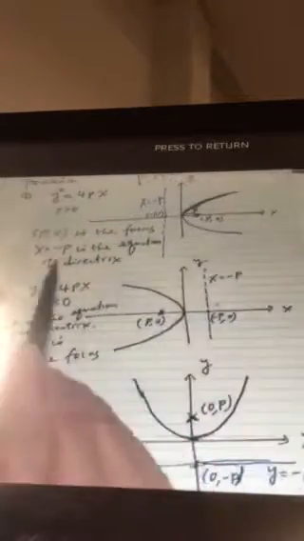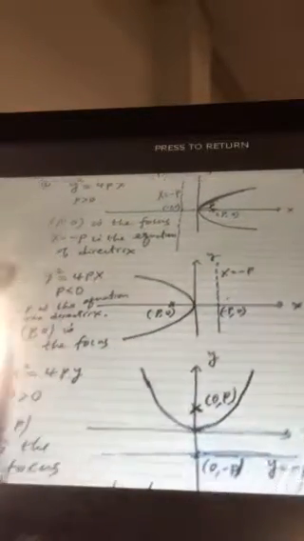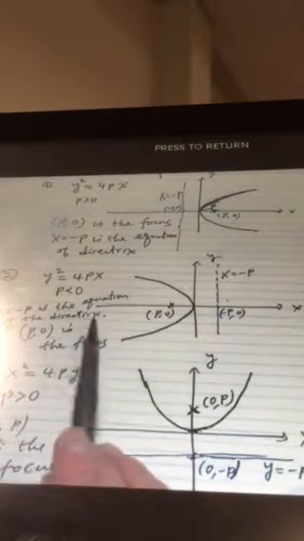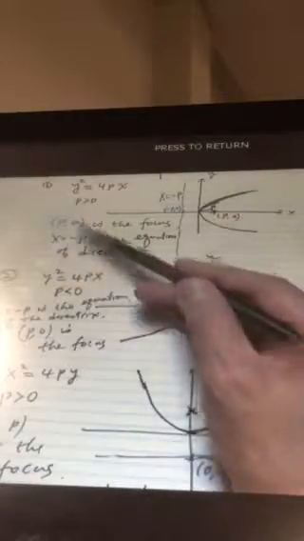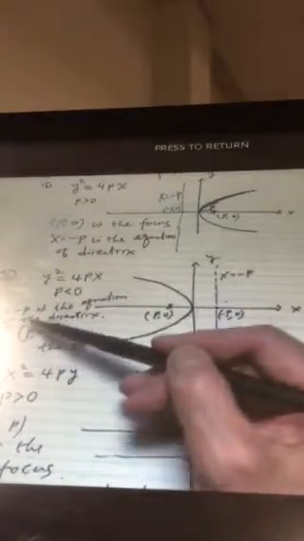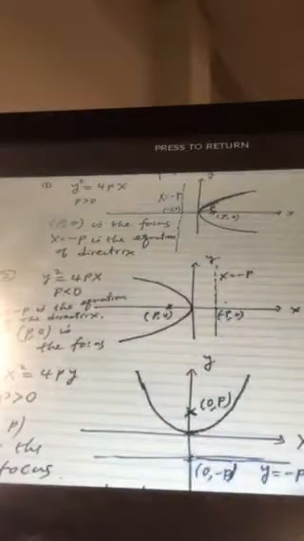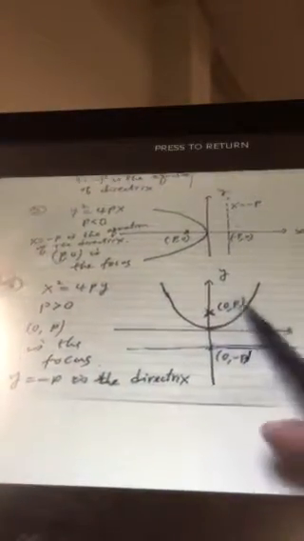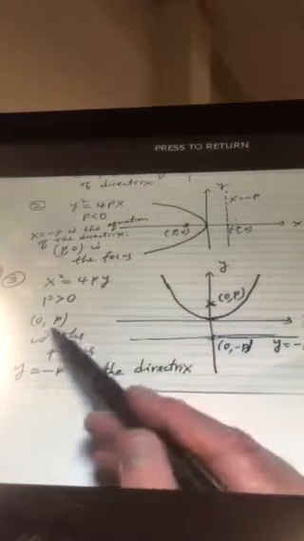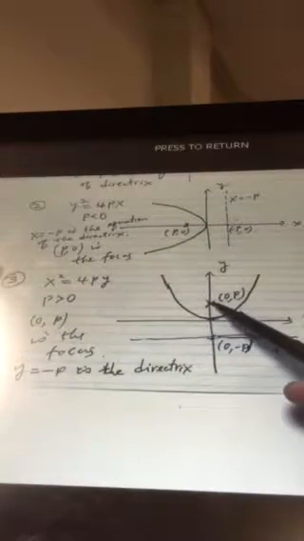And then from here, I know the focus, and I know the directrix. And the equation is the same equation. x equal to negative p is the equation of the directrix. And the equation of the point here is all the same. This is the same as this. For the x value 4py, okay, this is the focus.